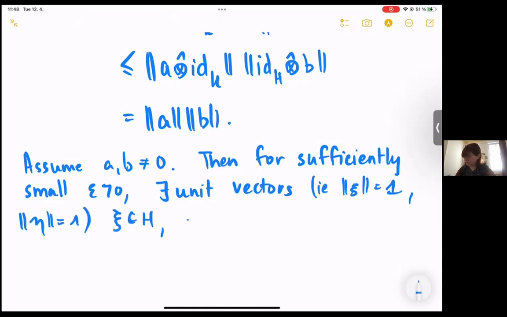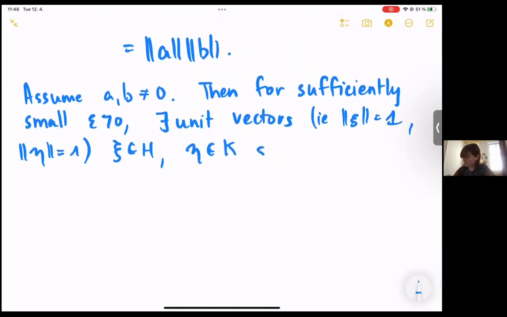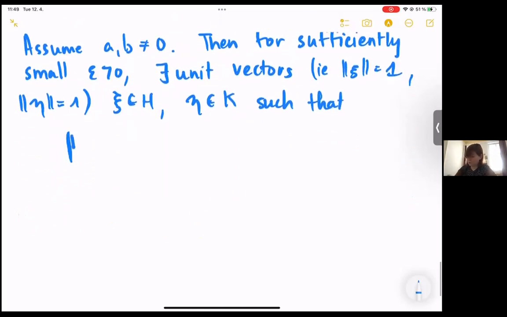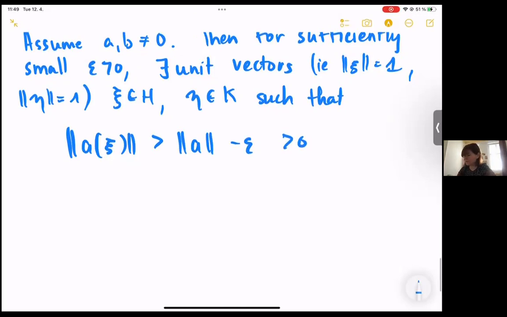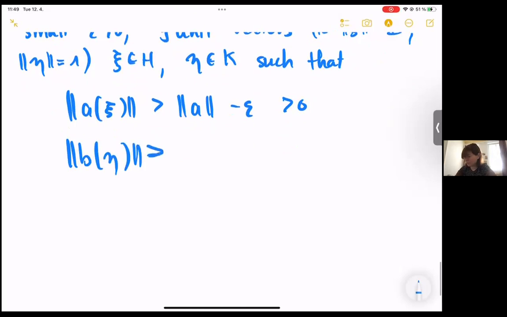We can find two unit vectors such that when we apply A to chi and then take the norm in the Hilbert space, then that is greater than the norm of A minus epsilon, which is of course greater than 0, and similarly to eta.